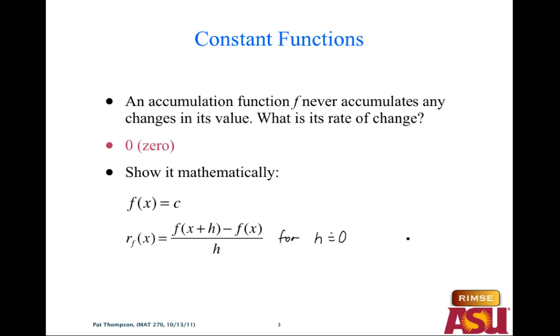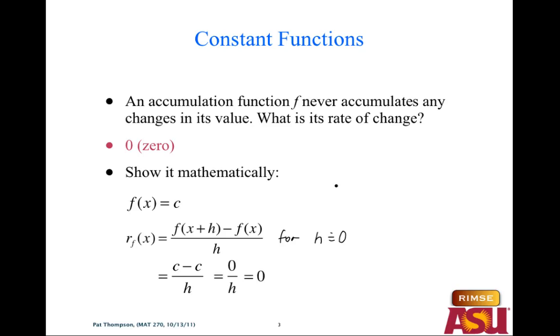Okay, so if f of x is c, then what's f of x plus h? C. This says no matter what your value of your independent variable is, the output is always c. So what's f of x plus h? And what's f of x? C. Therefore, the rate of change is 0.